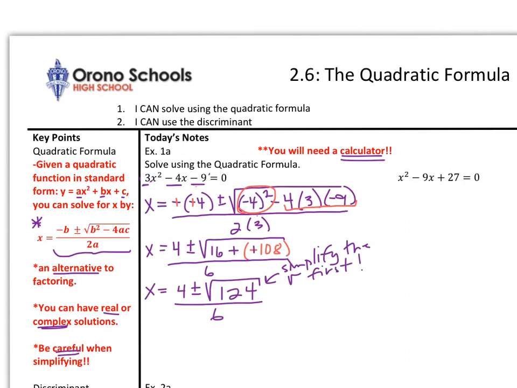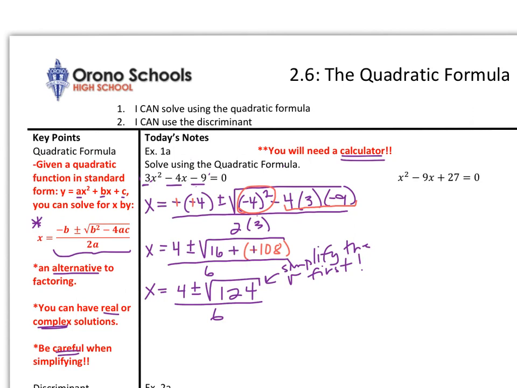When we simplify square roots, thinking about numbers that go into 124, we want to try to find perfect squares that go into 124. I know 2 goes into 124 62 times, and neither of those is a perfect square. 3 doesn't, 4 does. 4 times 31 would equal 124.